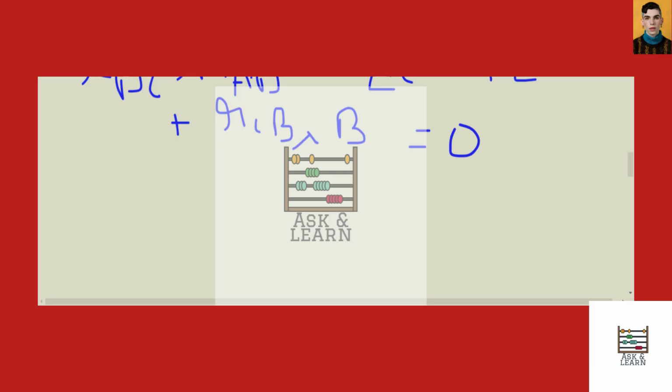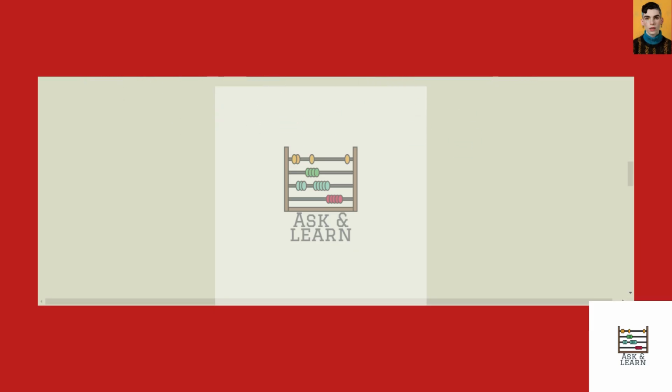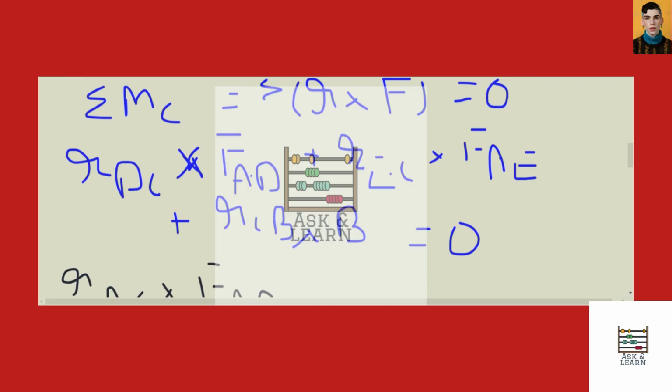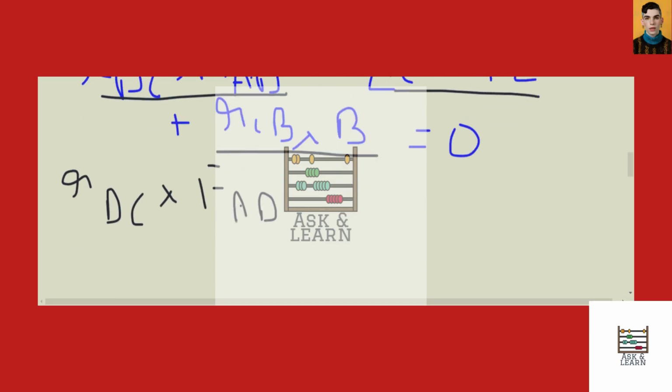Now we find each of these products. I am using the long way, or you can use the right hand rule also to solve these terms. So first of all, let's find the first term, which is RDC cross FAD. Then we will solve the second, and then we will solve the third. The solution of the first can be obtained by using the determinant method.